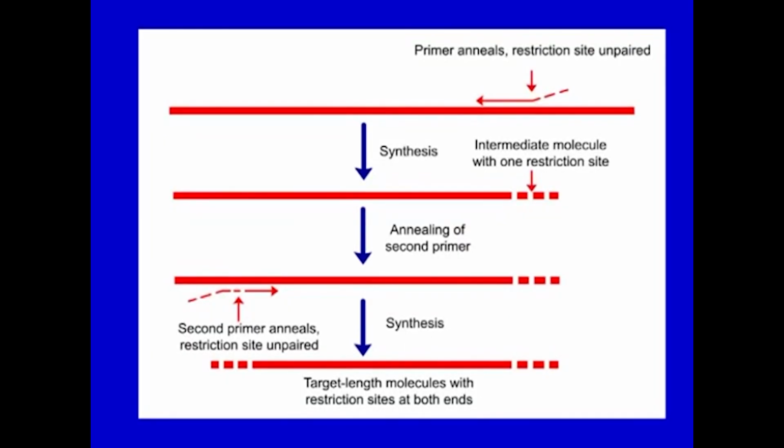Here, as shown, these are not really pairing, but they contain the restriction sites, and finally the product will have the two restriction sites due to the primers containing the restriction sites. So, the target length molecule with restriction sites at both ends is obtained and can easily be cloned.